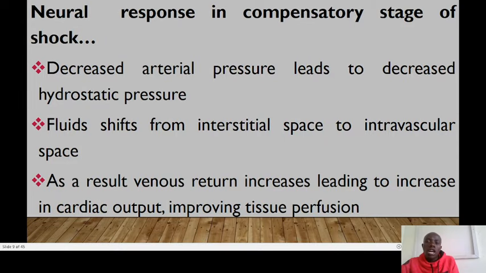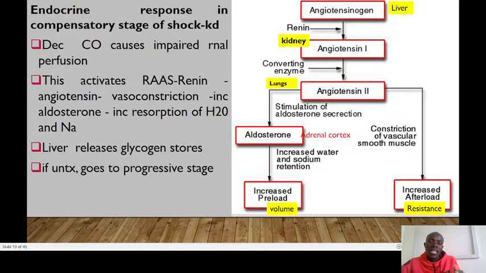So there will be a fluid shift from the interstitial space to the intravascular space. As a result, the venous return will increase, and this will lead to an increase in cardiac output, improving tissue perfusion.